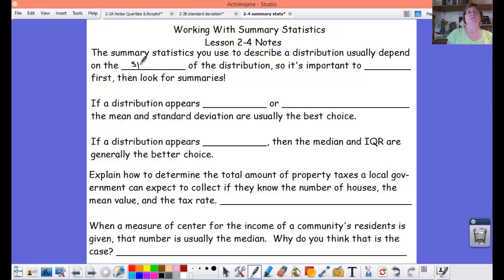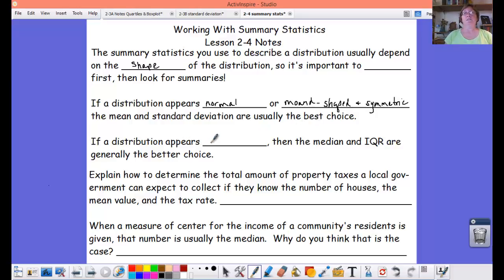If you'll recall, we said earlier in class that if a distribution appears to be normal, or mound-shaped and symmetric, then the mean and standard deviation are the best choice for center and spread.